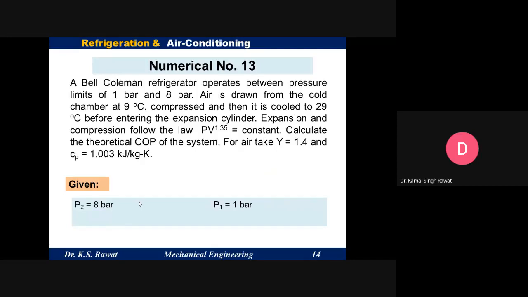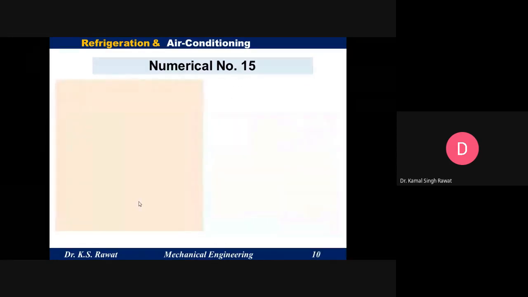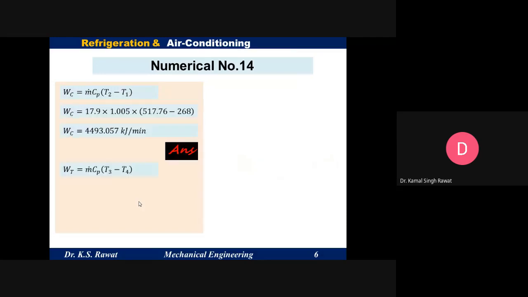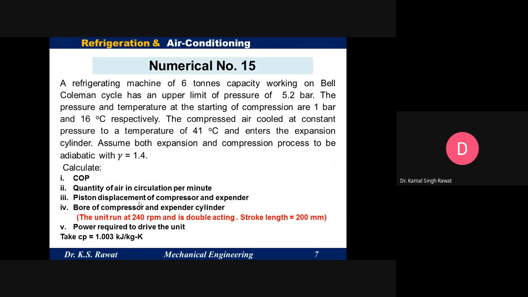So we have discussed different types of numericals. Some numericals are simple like this, in which both the processes follow PV to the power gamma equals constant. So assume both expansion and compression processes to be adiabatic with gamma equals 1.4. But in some questions, the process can be polytropic.